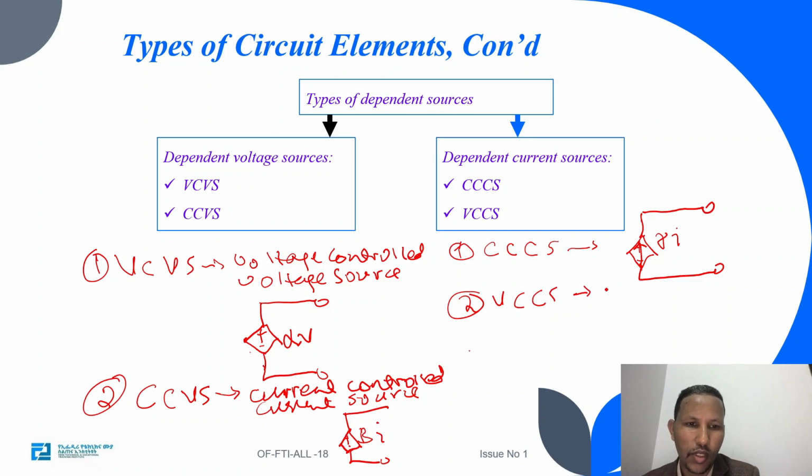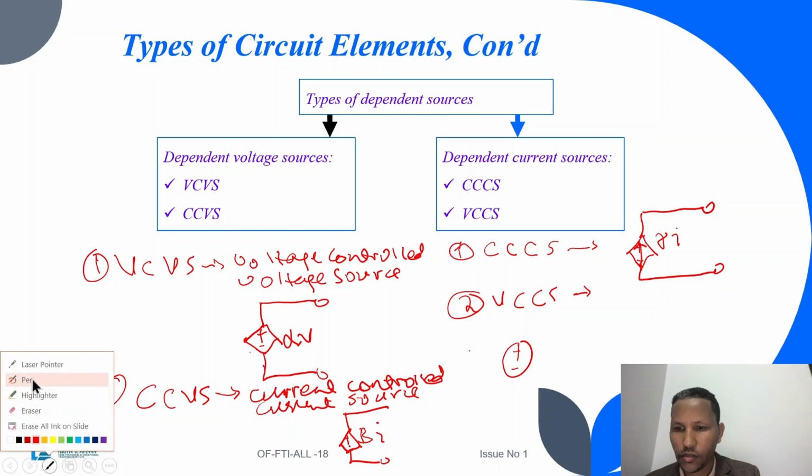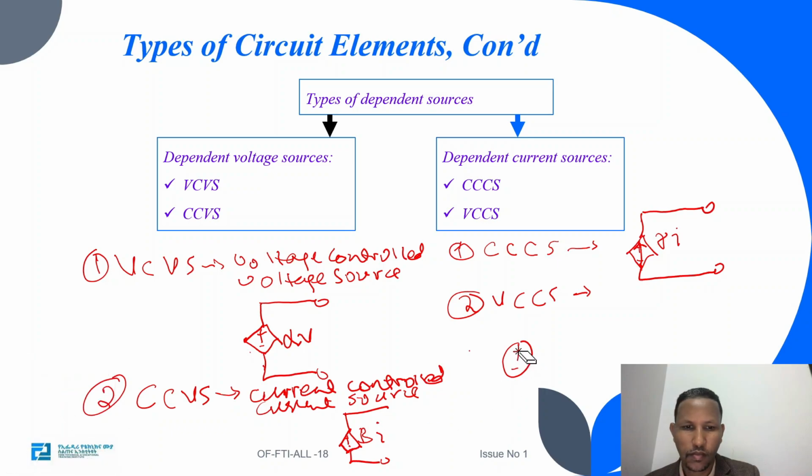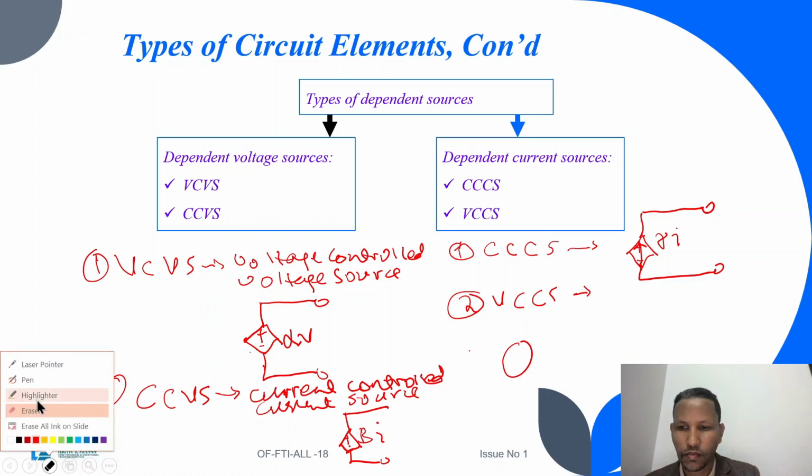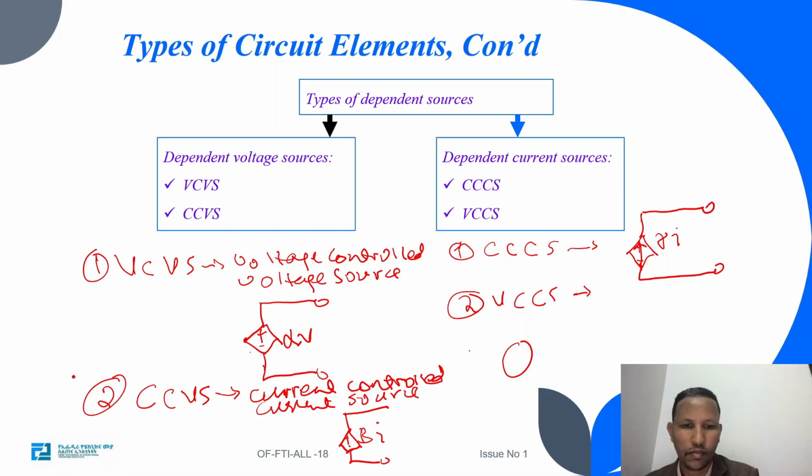The same way, you will have the current direction, and this can be alpha V.